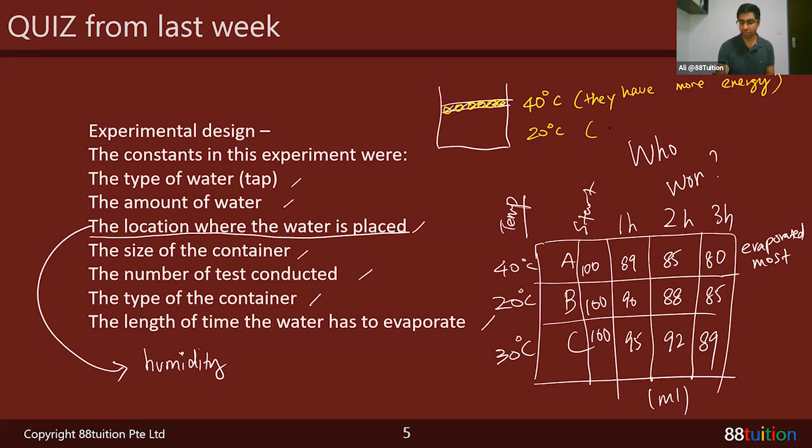If they have 20 degrees, they have less energy. And evaporation is purely based on the amount of energy you have. You have more energy, you can run faster. So it's like in your class, who has the most energy can run fastest during your PE lesson. Same here. The one who has more energy is the one with the highest temperature.